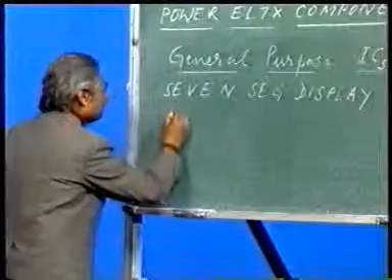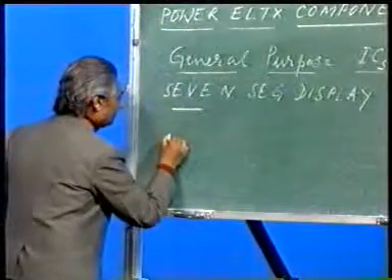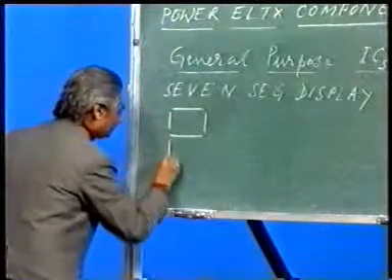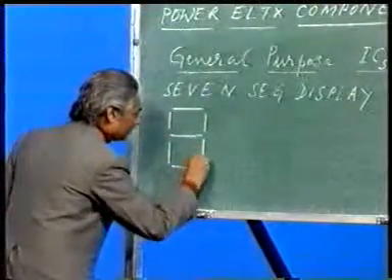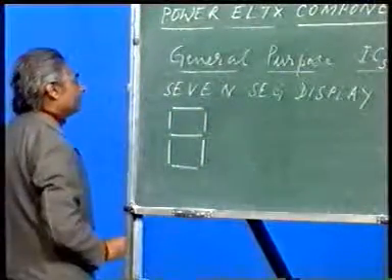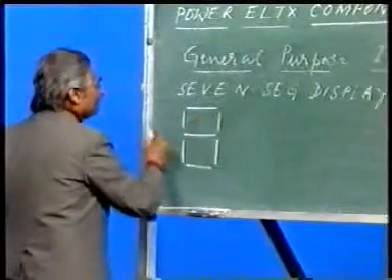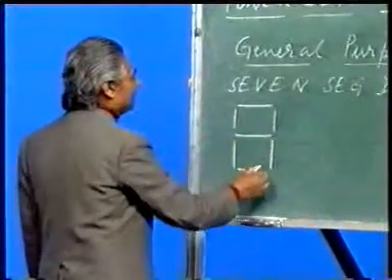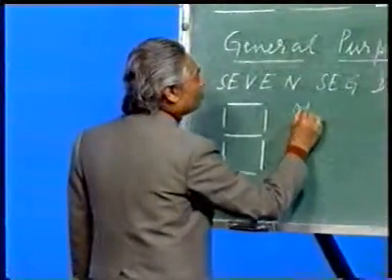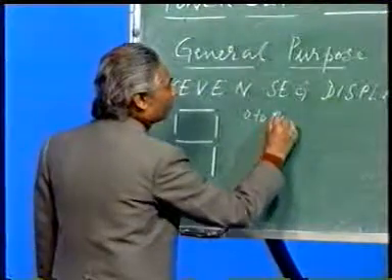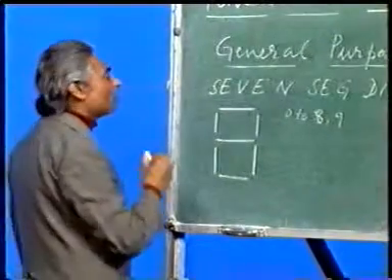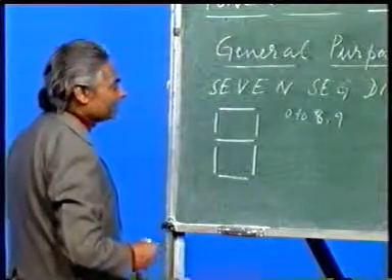If I draw the segments, it can be drawn like this. One, 2, 3, 4, 5, 6, 7. But if I join them, you can find that an 8 can be written, a 5 can be written, 4 can be written. So digits from 0 to 8, also 9 can be written with the help of this display. It is a very popular display used in electronic circuits.